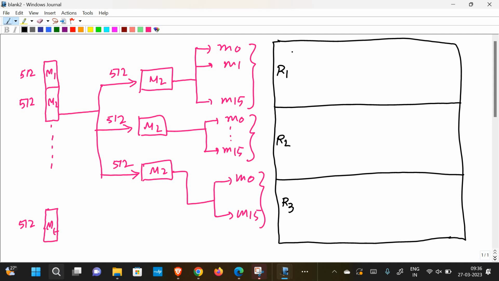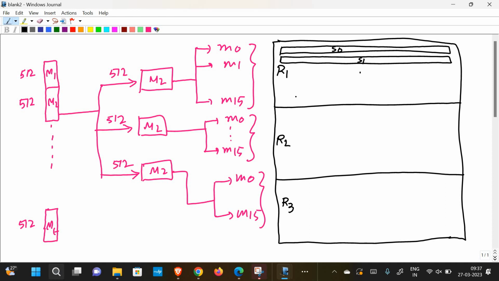And what I mean is that we will have this called S0, state S1, and like this it will go on up to S15.